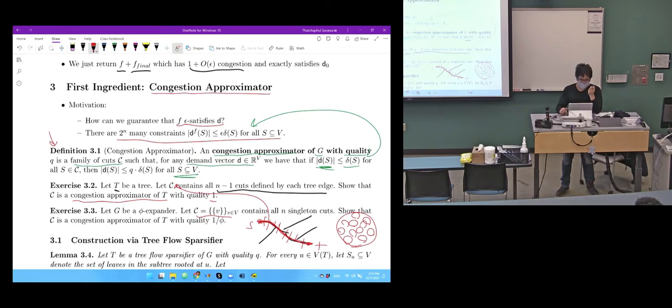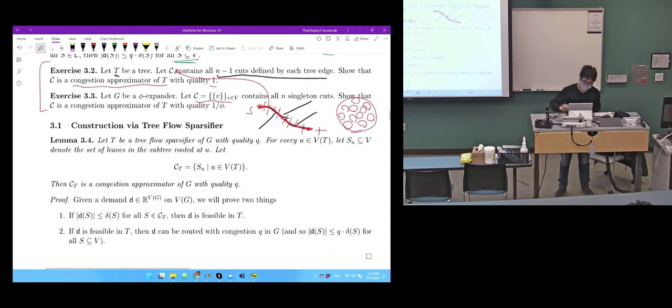So basically it's super simple in an expander. You just take a singleton cut. So maybe let's do this in the exercise session.